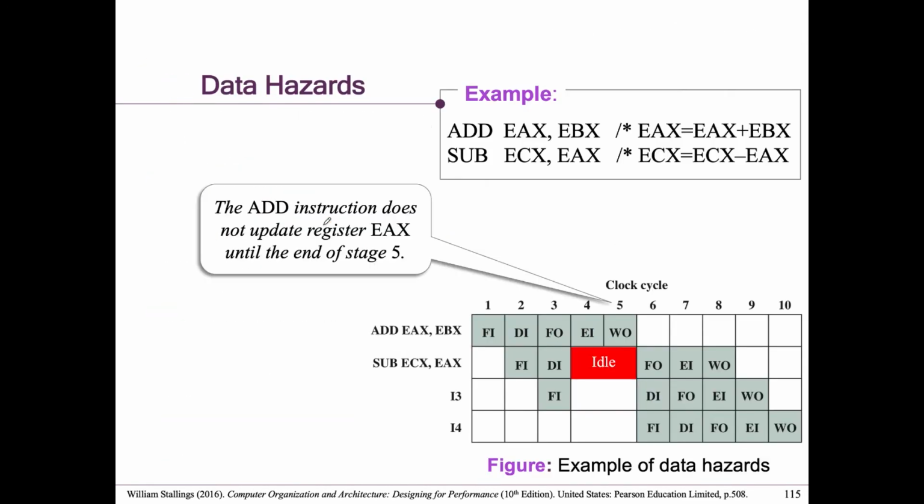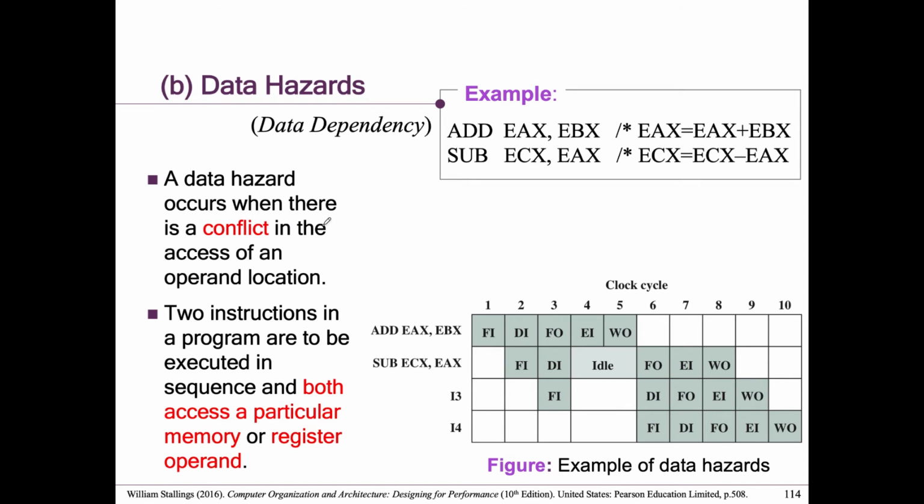Now we're going to move to the second hazard, data hazard. So it is the data dependency. You were given an example of your source code. You have ADD EAX, EBX.